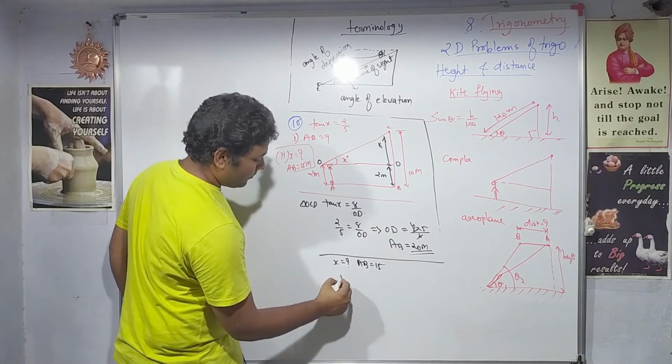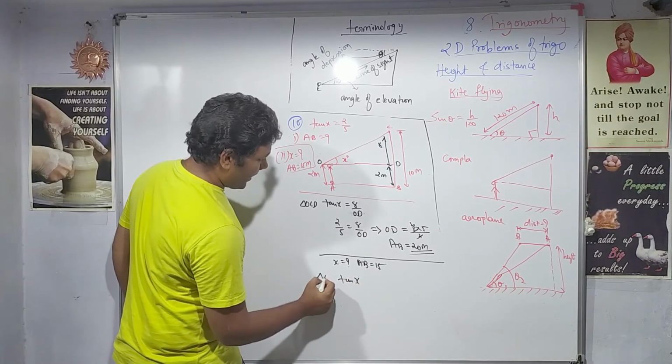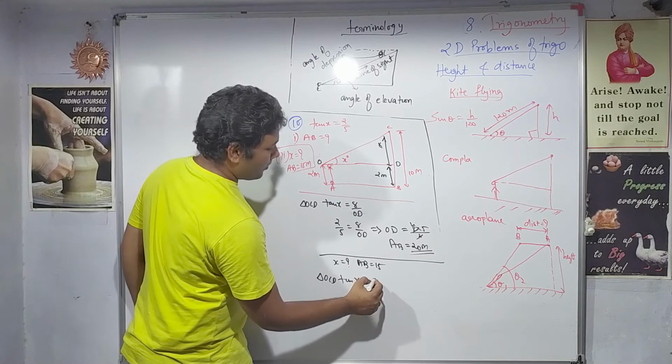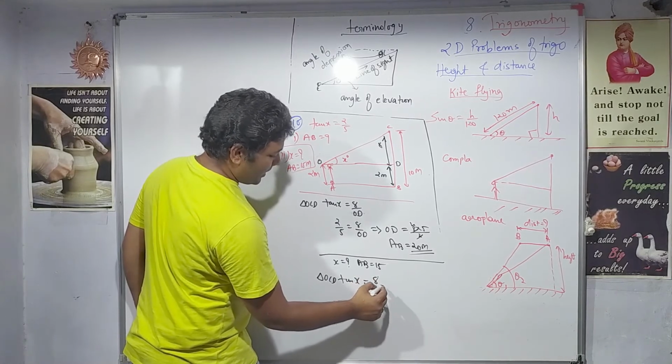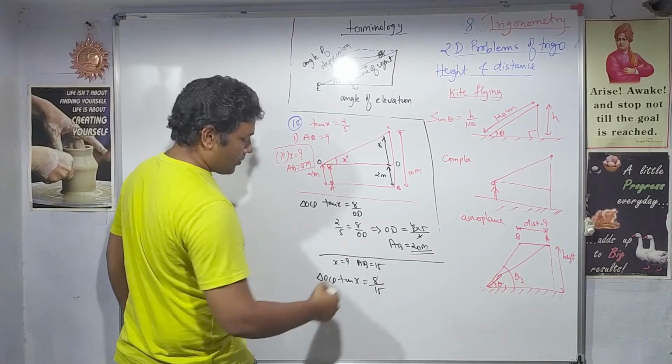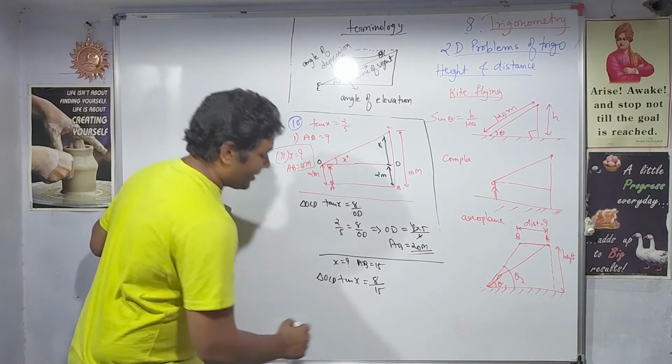So let us start. Again we'll use x for the triangle OCD. Perpendicular is 8 and base is 15. So divide and find out the value of tan x.